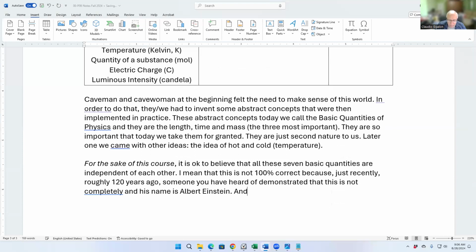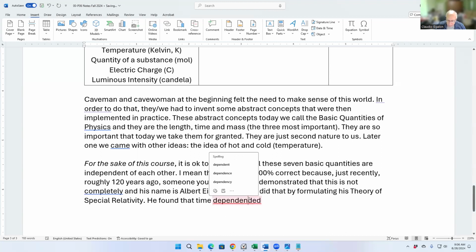And he did that by formulating his theory of special relativity, okay? He found that time depended on velocity.